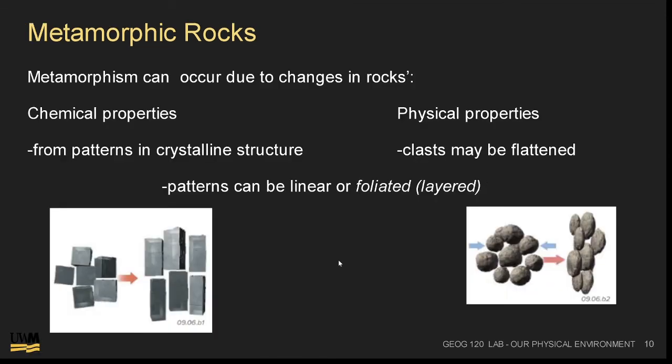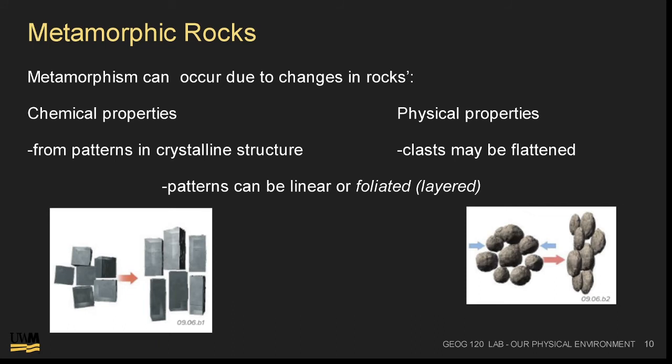So the changes that actually cause a metamorphic rock to form can alter its chemical properties and its physical properties. The physical properties are the most obvious. They become flattened.